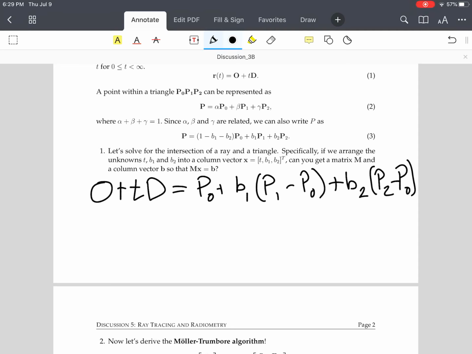Now that we have this, we can rewrite it a little bit, because remember, we want to get something times t, b1, b2 equals something. We're almost there. Let's move over the P0, then move over the tD, and leave everything else on the same side.